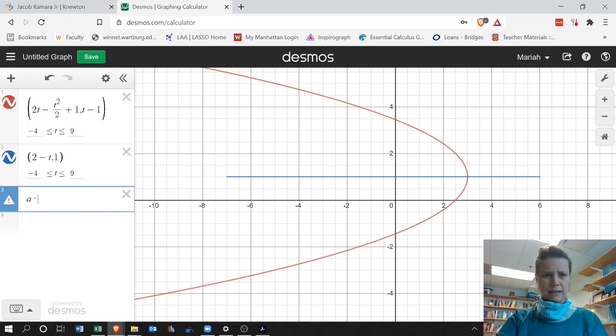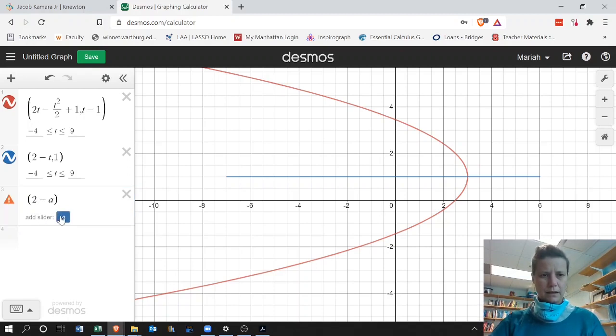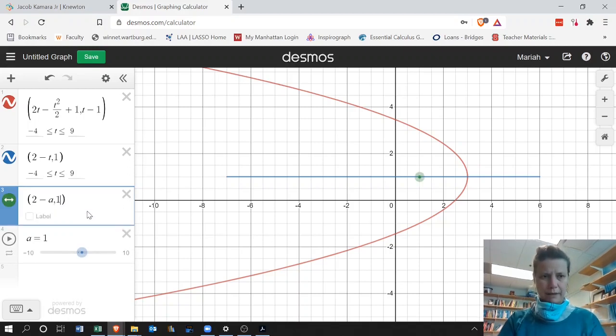So I'm going to ask Desmos to create a slider by typing 2 minus, say, a, and it says add slider. Yes, I want to do that. And then 2 minus a and 1. So that's the point, and I want that to be the end of my line.